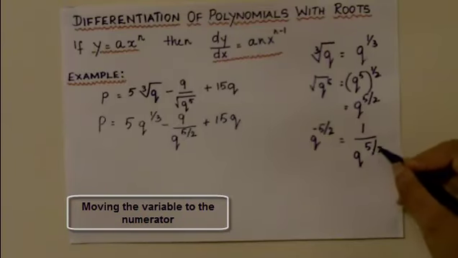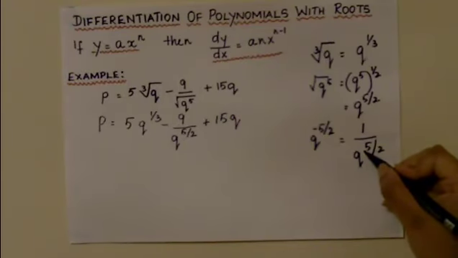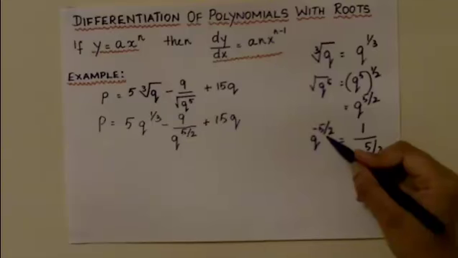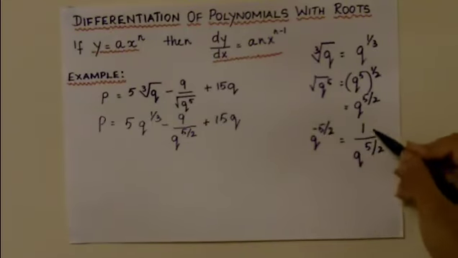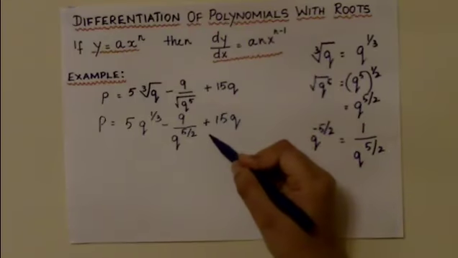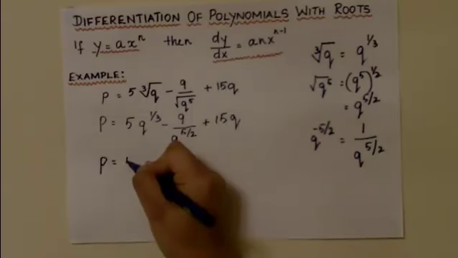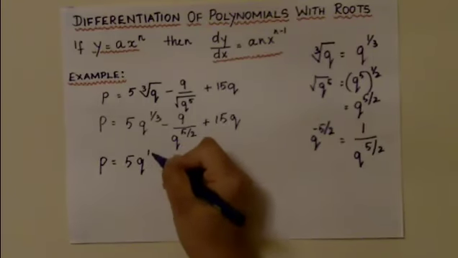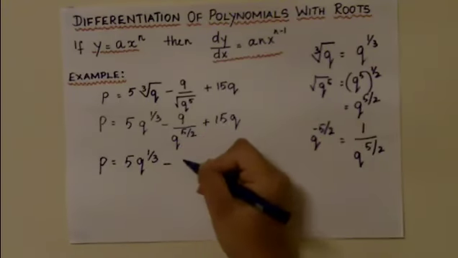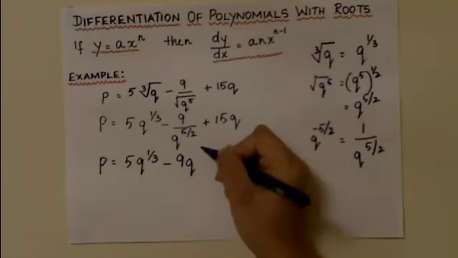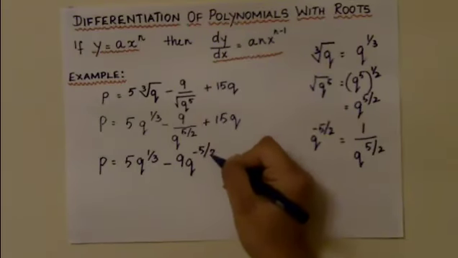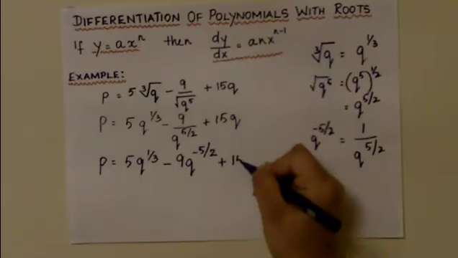The reason being, the index which is positive in the denominator will become negative when it is moved to the numerator. So applying this change in this equation, we have p equals 5 q to the power of 1 over 3 minus 9 q to the power of minus 5 over 2 plus 15q.